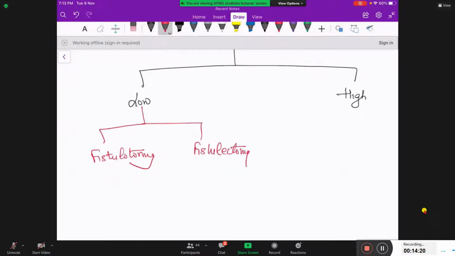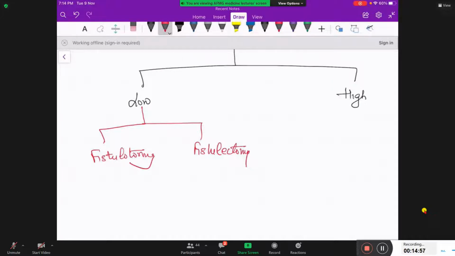What is fistulotomy? Can anyone tell me? What is otomy? Otomy depends on whether it is applied on a solid thing or a hollow thing.